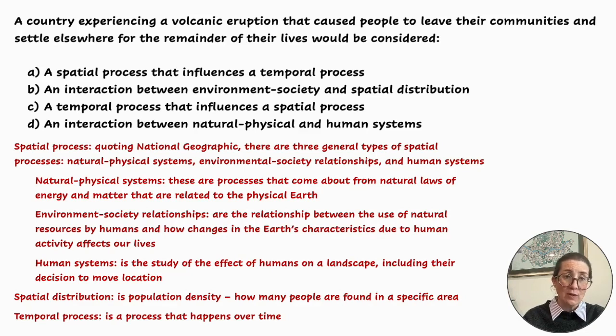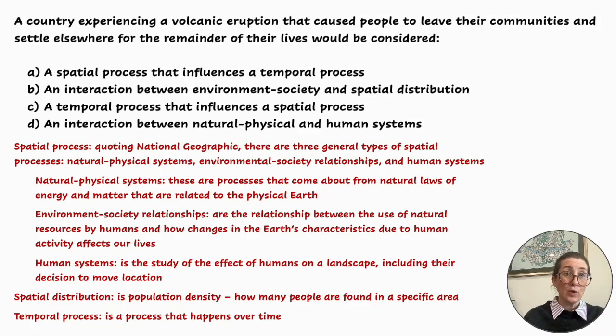Environment society relationships are the relationships between the use of natural resources by humans and how changes in the earth's characteristics due to human activity affects our lives. Human systems is the study of the effect of humans on a landscape, including their decision to move location. Now, spatial distribution. This is population density, how many people are found in a specific area. And temporal process is a process that happens over time.